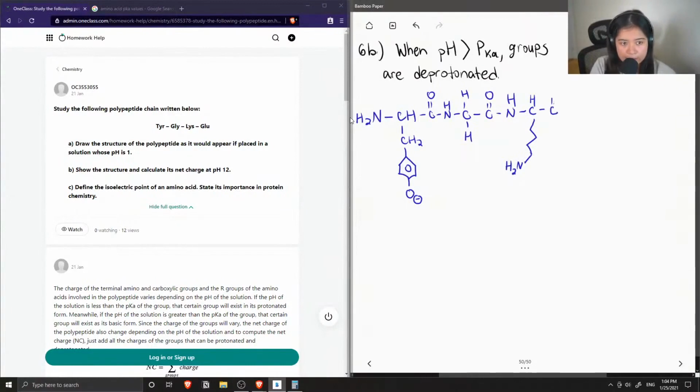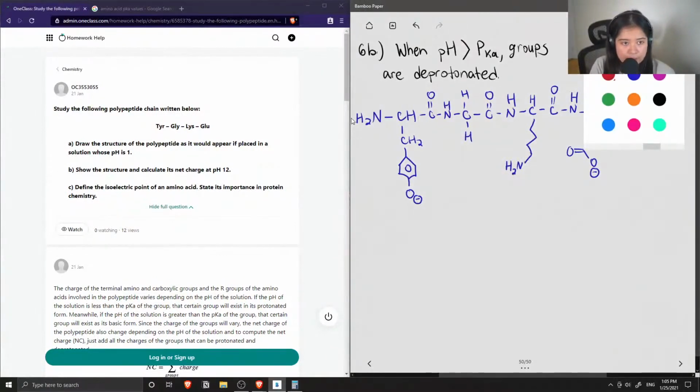And then finally, we'll have our glutamic acid. And its carboxylic acid group is now deprotonated. And the same thing with its alpha carboxy group, it's also deprotonated.